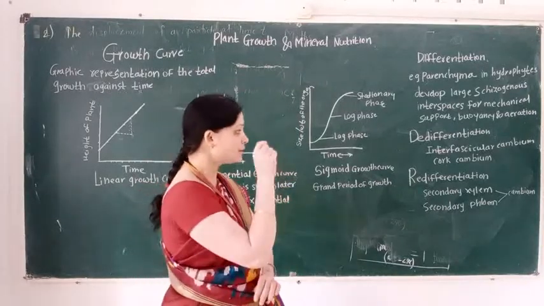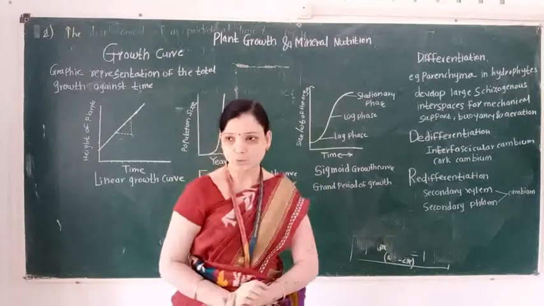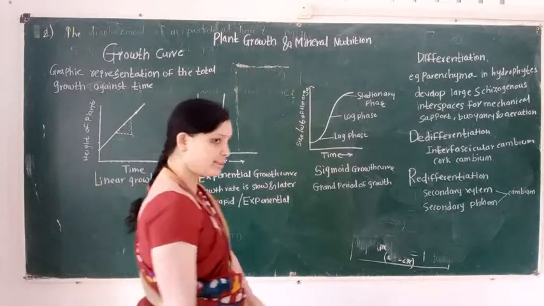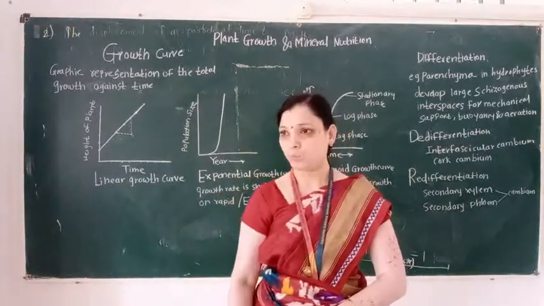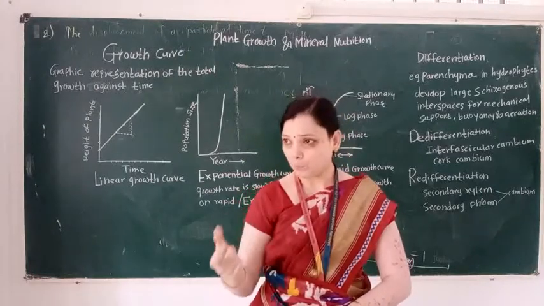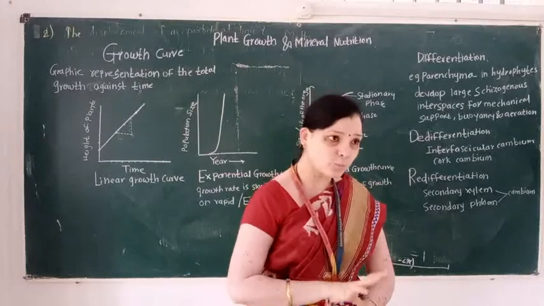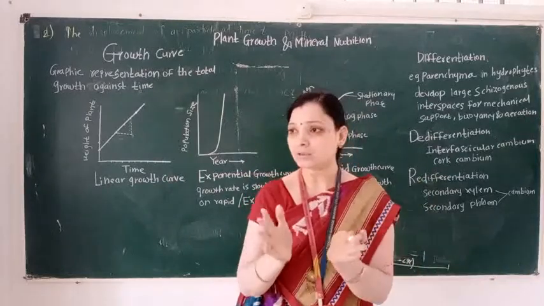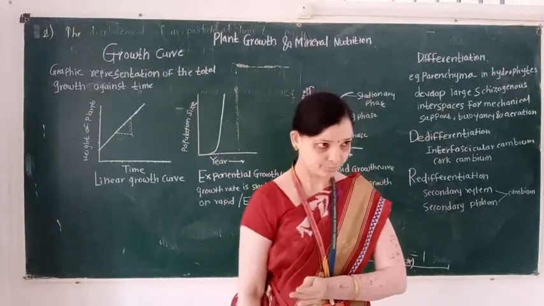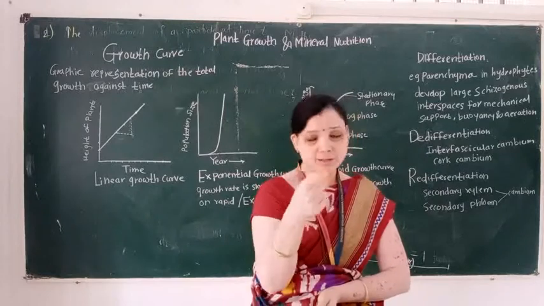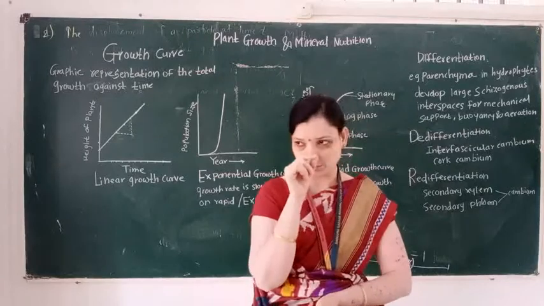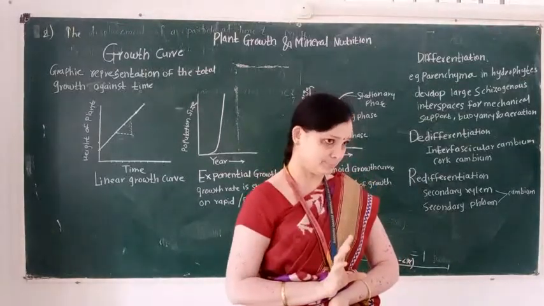For example, interfascicular cambium or phellogen, the cork cambium. Cambium is responsible for secondary growth. So the dedifferentiation process is responsible for increasing the girth or diameter of a plant organ. Wherever interfascicular cambium is present, you learn the vascular bundle.